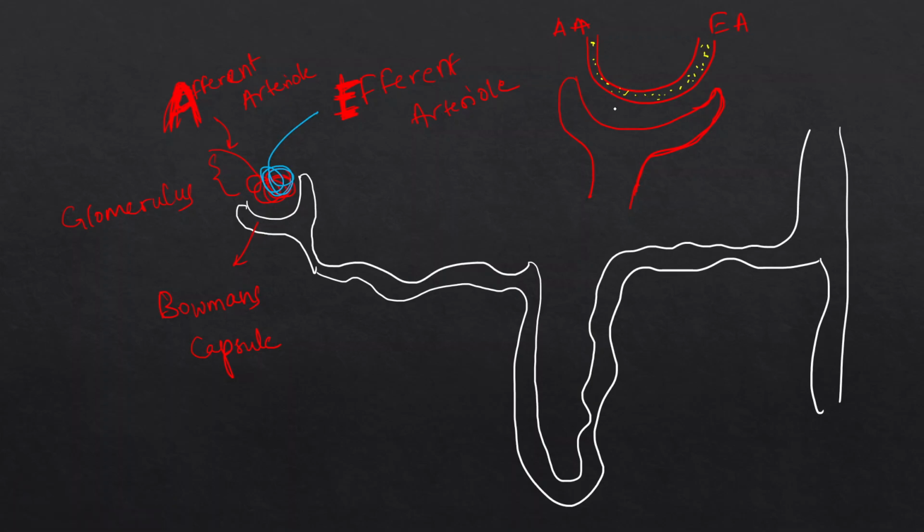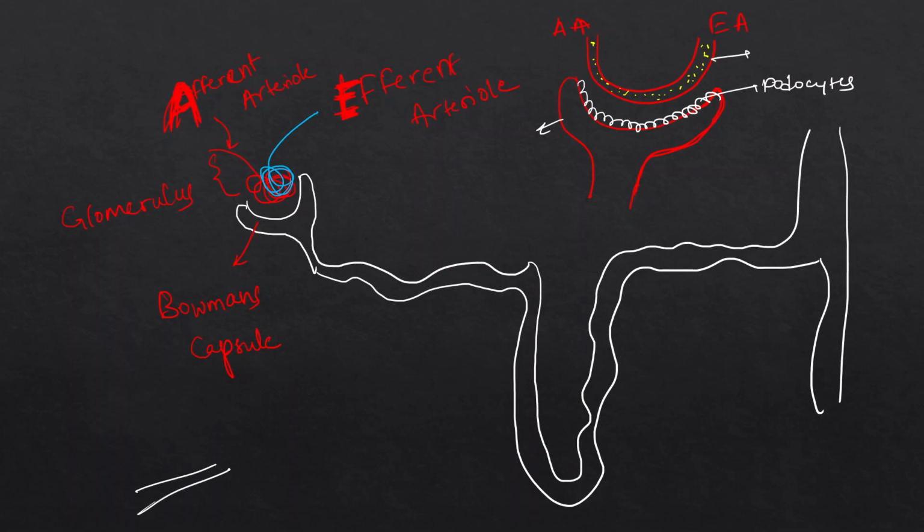See, this is your Bowman's capsule. This is your glomerulus. Here you will have podocytes in the Bowman's capsule. The lining of the Bowman's capsule is podocytes.